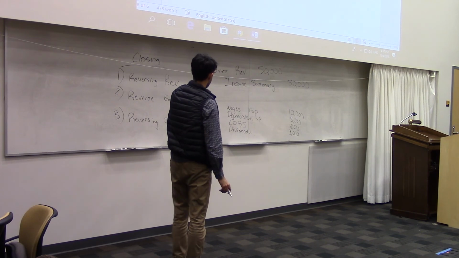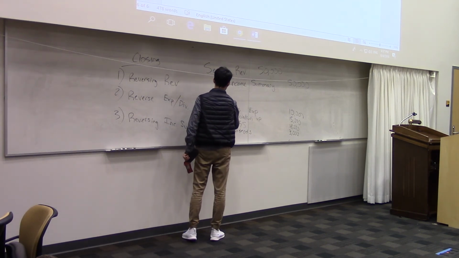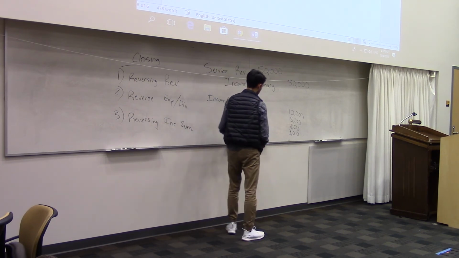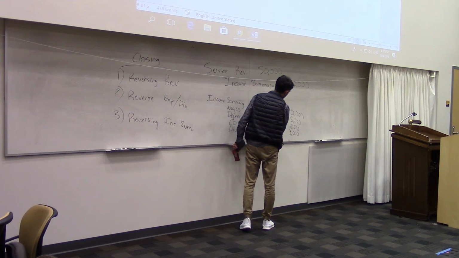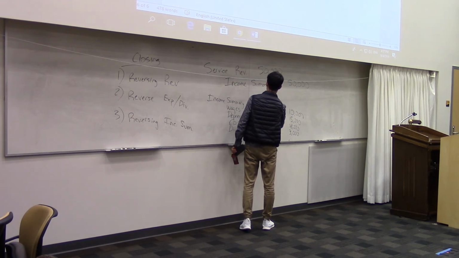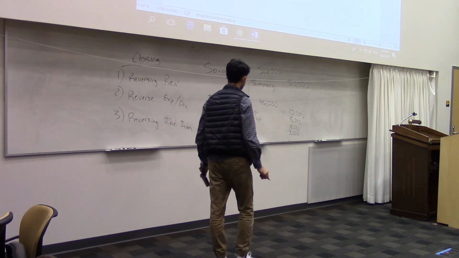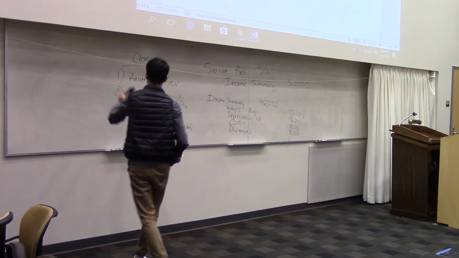And then debit what? There we go, income summary, for a total of 30, 46? Is that right? Sounds right. Okay, so there's part two.